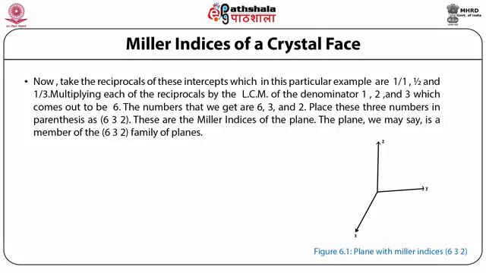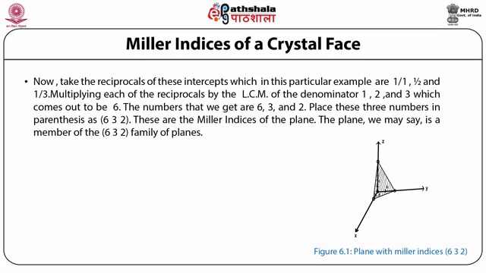Now take the reciprocals of these intercepts, which in this particular example are 1/1, 1/2 and 1/3. Multiply each of the reciprocals by the least common multiple of the denominators 1, 2 and 3, which comes out to be 6.